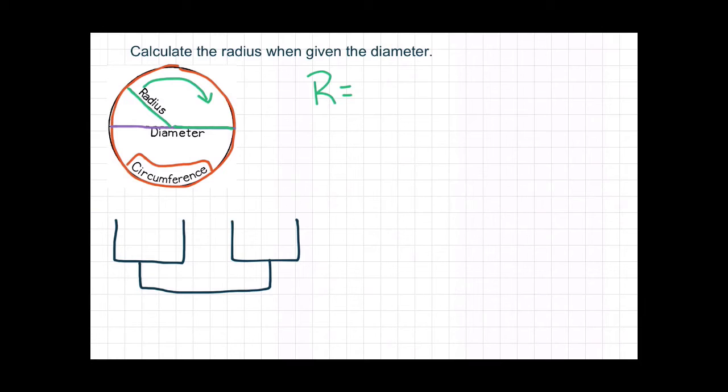So the radius, here's our equal sign, our fulcrum. So our radius, it's a mystery bag, marked R. Now, what we need to find out is what is R equal to in diameter. Well, since the diameter is twice the size of the radius, that means we only need half of the diameter.